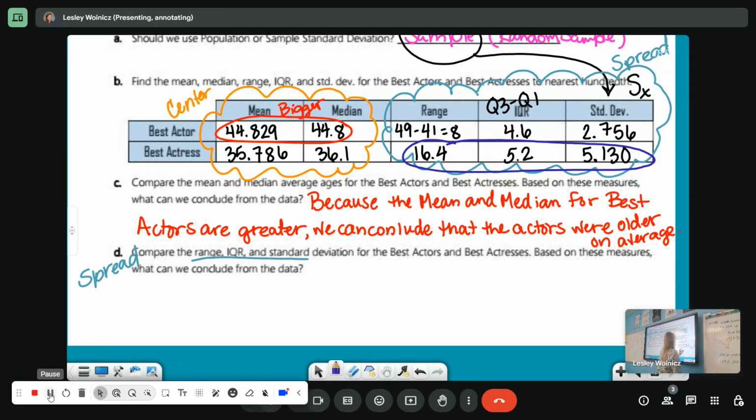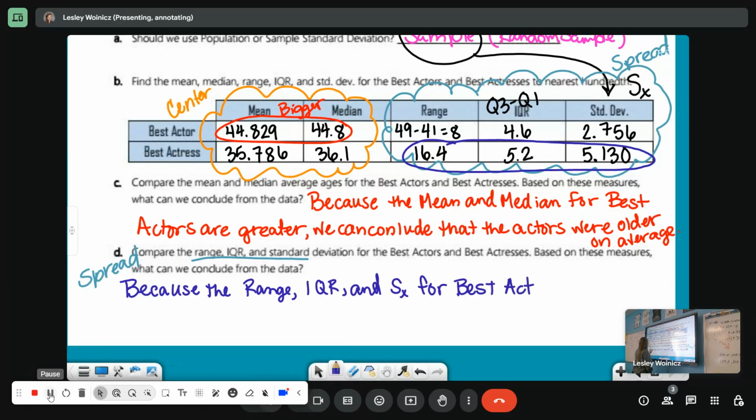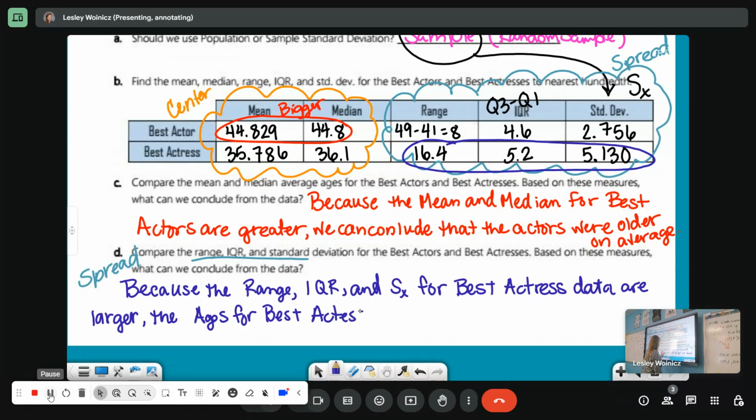Okay, so because the range, IQR and S sub x for best actress data are larger, the ages for the best actresses are more spread out.